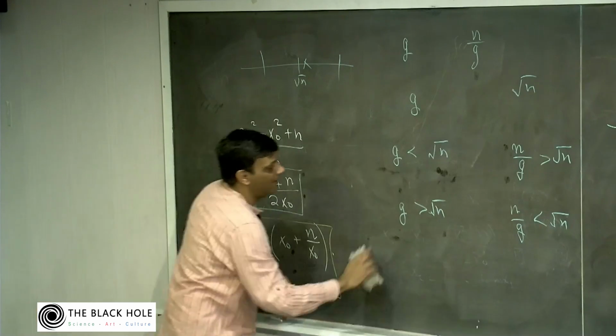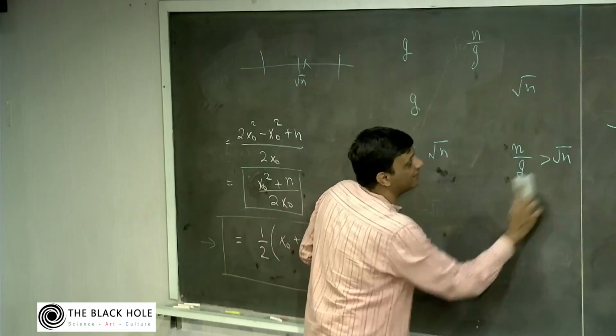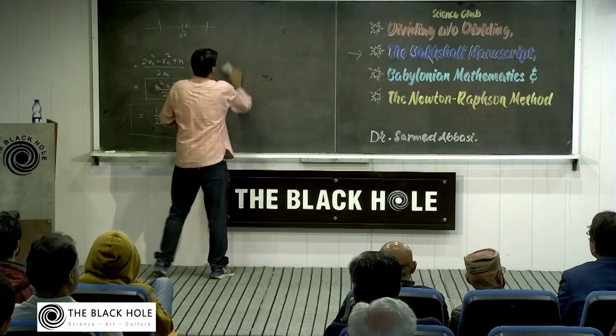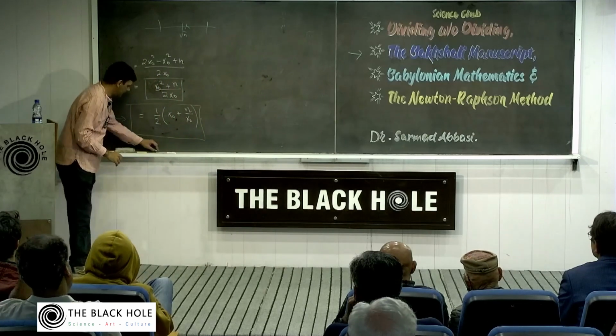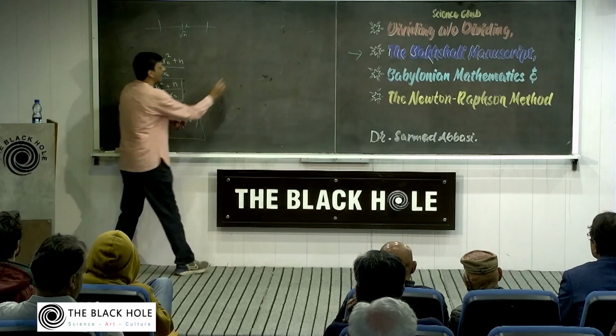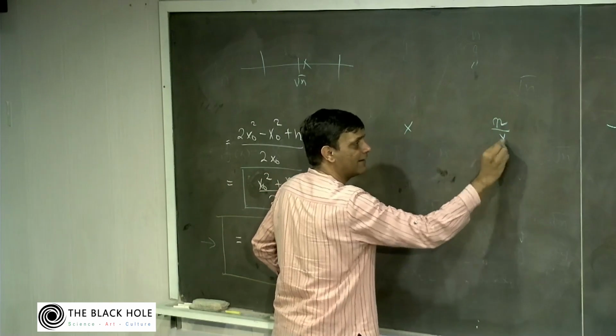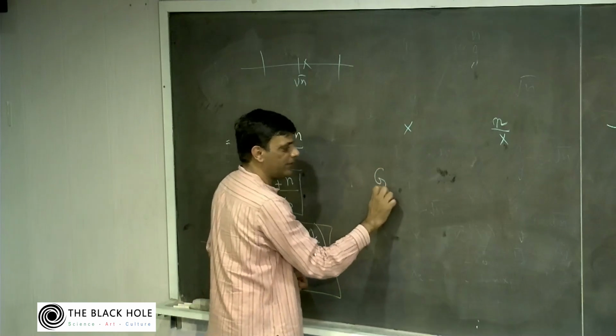Another way of seeing this is, if you look at x, and if you look at n over x, then what is their geometric mean?